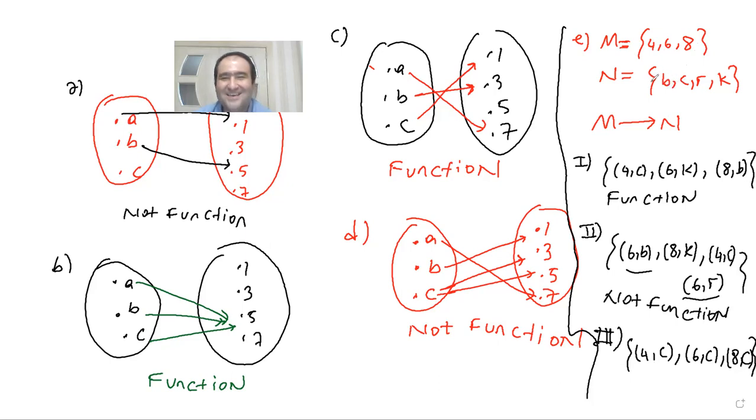They are all children of C. It can be. So this is a function, okay? Don't forget our imagination. Domain set are children and range set are our mothers, okay?